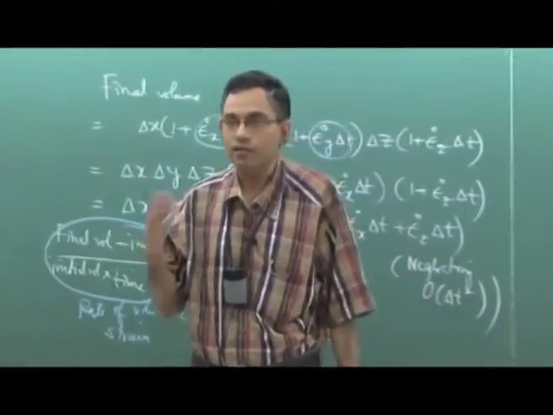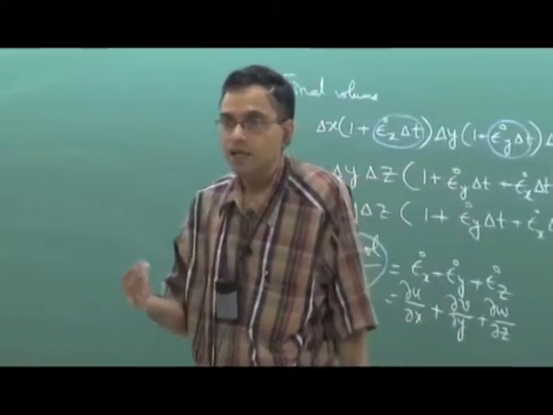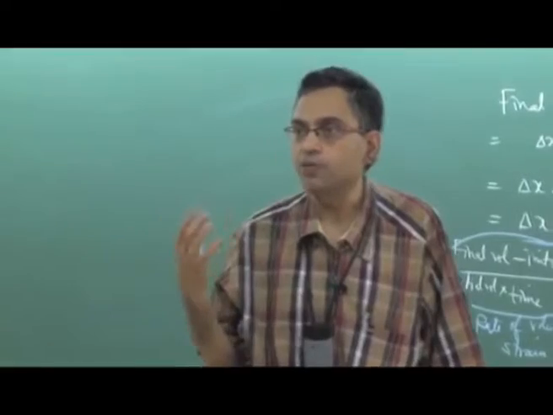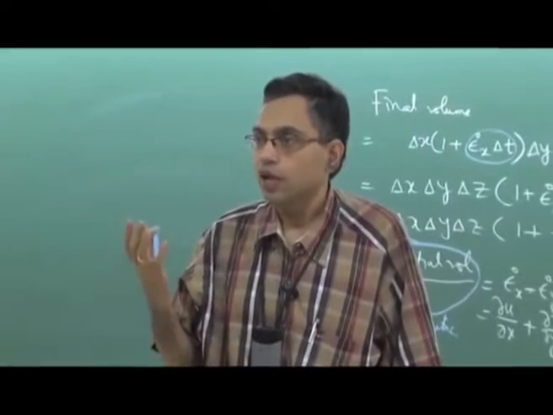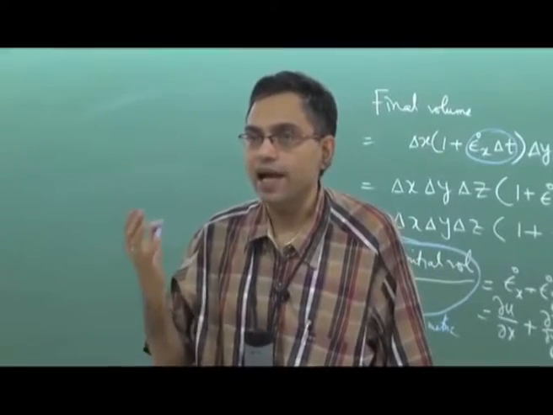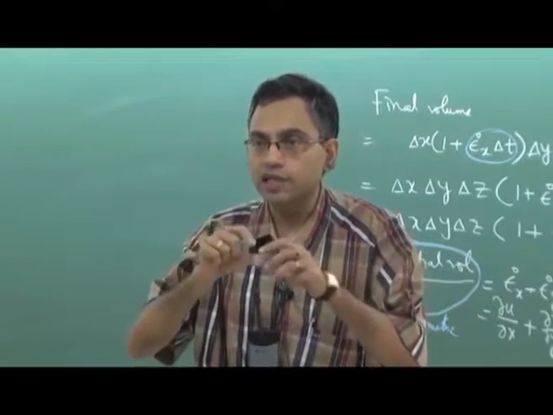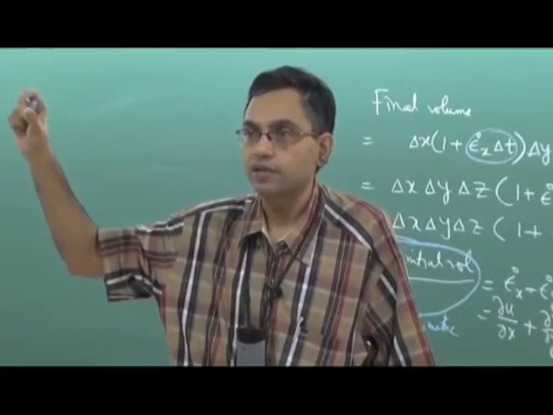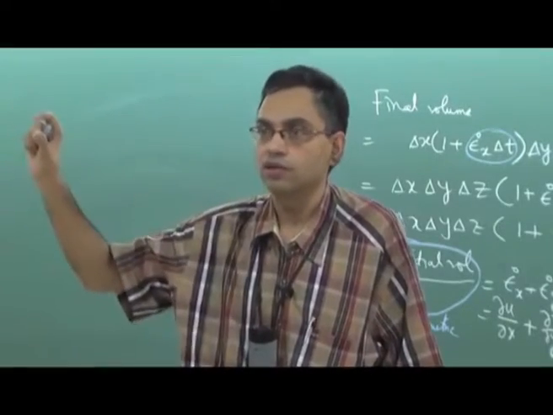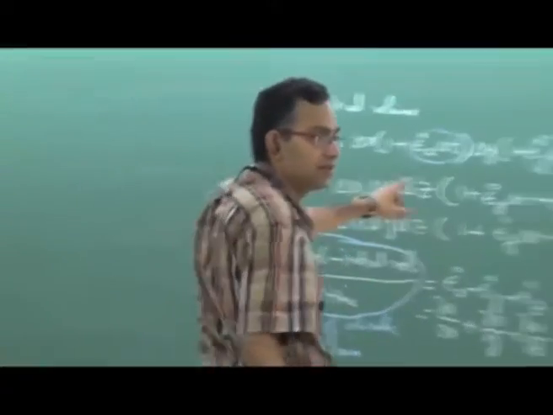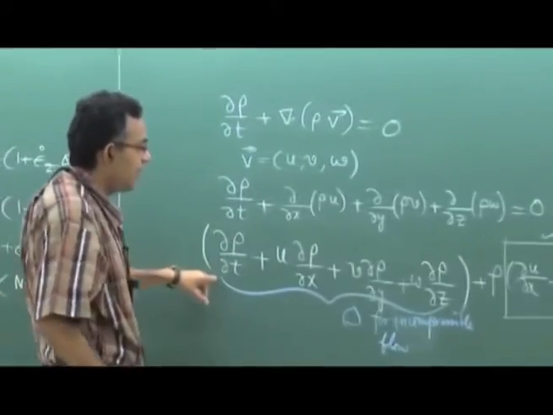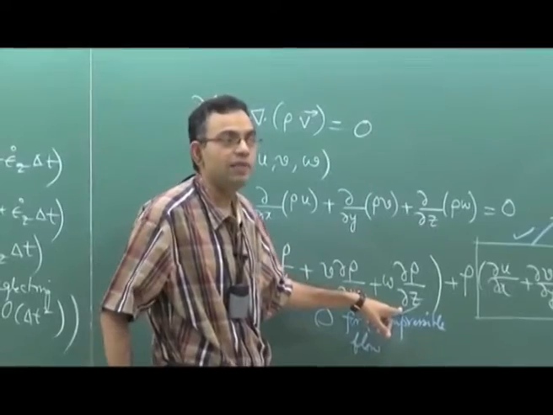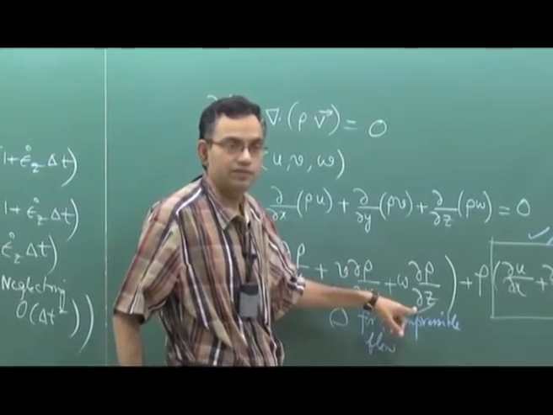So, what can we tell from this? There are so many misunderstandings propagated by standard books, even very good books, and one of them is that in books it is written, assuming incompressible flow we take density as constant. This is completely wrong. You can see from here that for incompressible flow this term has to be 0. That does not mean that density has to be constant.